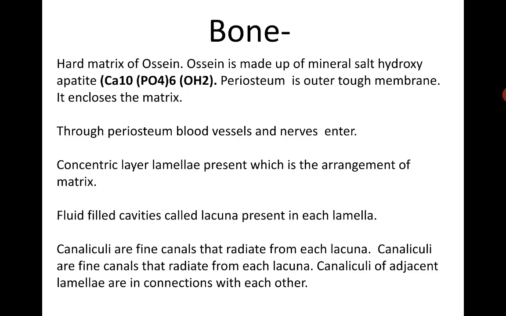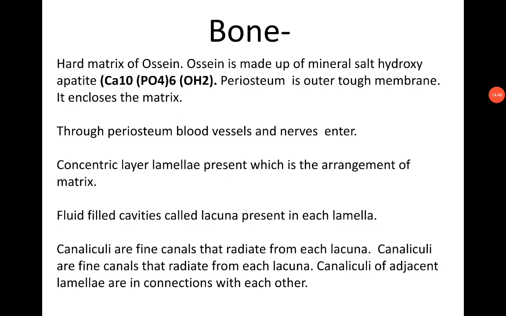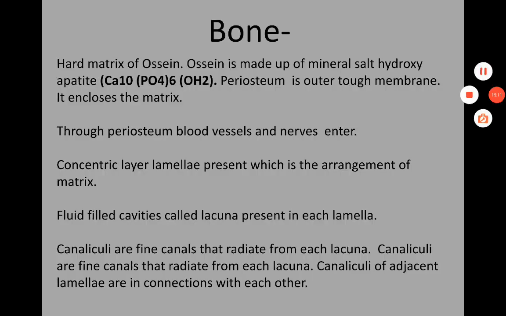Concentric layers called lamellae are present, which are arranged in the matrix. A fluid-filled cavity called a lacuna is present in each lamella. Canaliculi are fine canals that radiate from each lacuna. Canaliculi of adjacent lamellae are connected with each other.